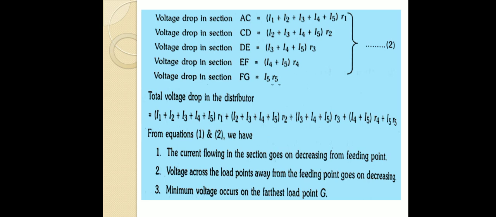Like that, in the CD section it is I2 plus I3 plus I4 plus I5 into R2, and likewise for DE and EF. For FG it is I5 into R5.